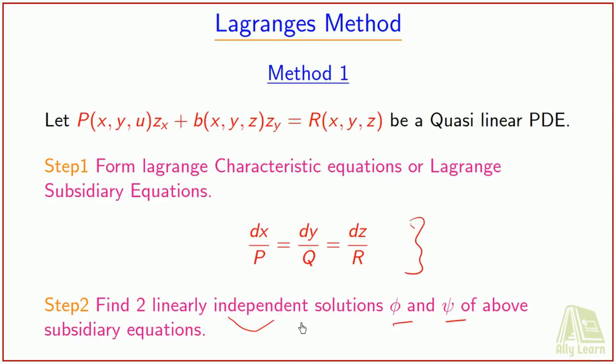The method that we'll be using will ensure that the two functions are linearly independent. Okay friends, so these were the two steps. Now we will move towards how to find the two solutions phi and psi of these Lagrange equations.